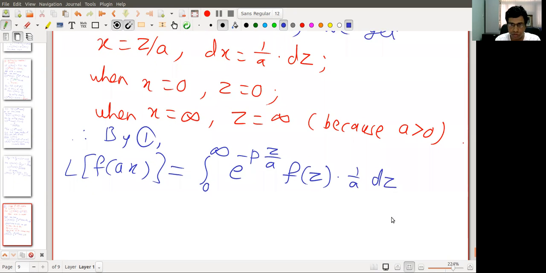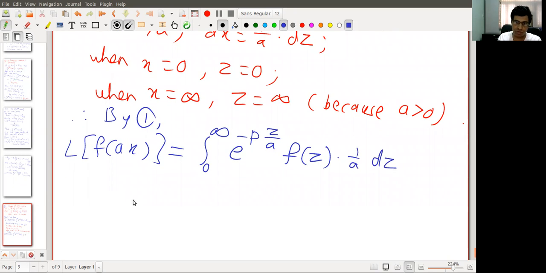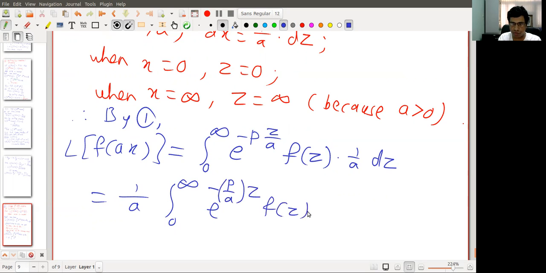So this is equal to, a is constant, so we may write it as 1 upon a integral 0 to infinity e raised to minus p upon a into z f of z dz.